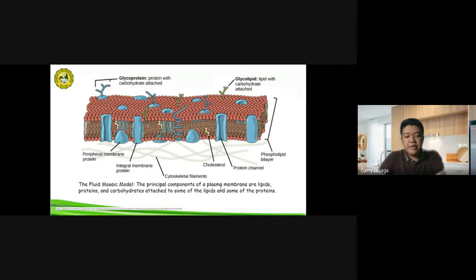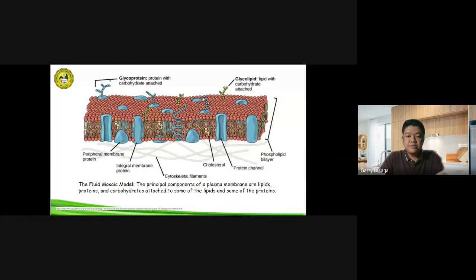The principal components are the lipids, which comprise the predominant part or the majority of the biological membrane. These here are all lipids, particularly phospholipids. We also have proteins. The blue ones are the proteins. There are proteins that completely penetrate the cell membrane.